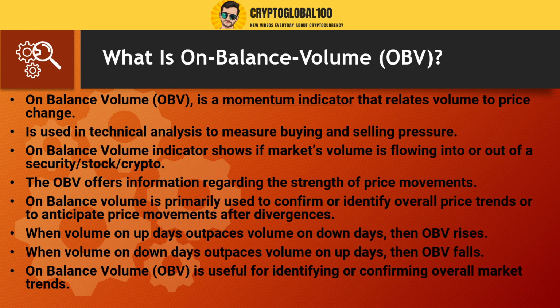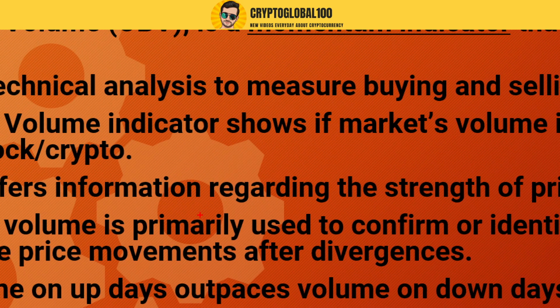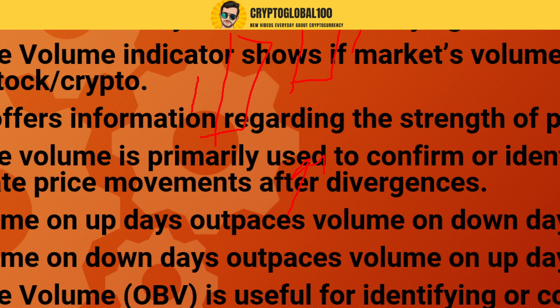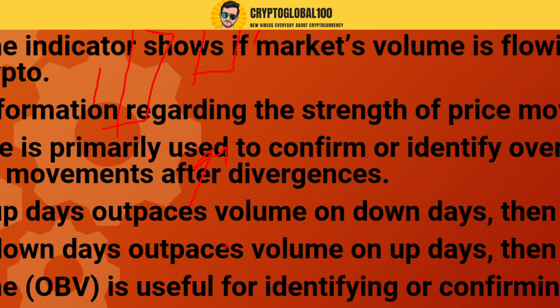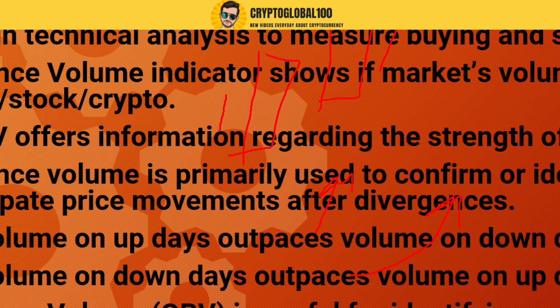So for example, you see these two candles. On this day the volume would be low, and the next day the volume also needs to be high, more than the previous days. Then the OBV rises.